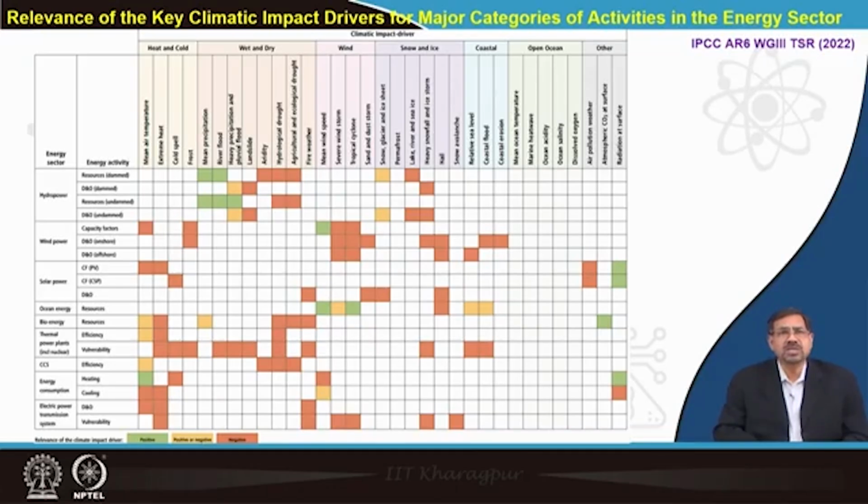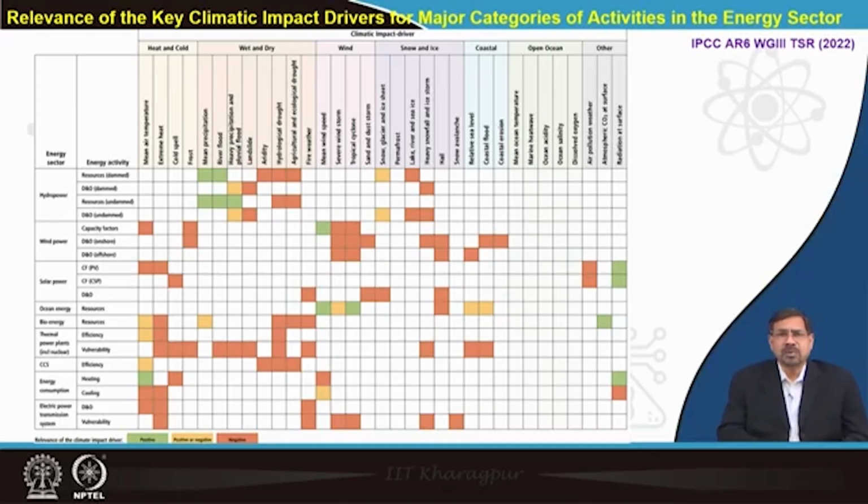Look at the first one, hydropower. In terms of hydropower, come to wet and dry, the second category of climatic impact driver. We have mean precipitation and river flood, shown in green. That means it will positively address this.